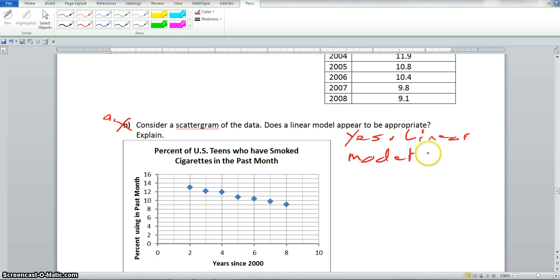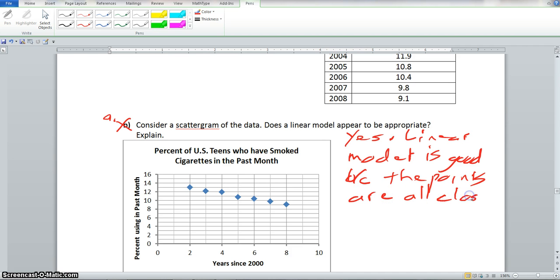The linear model is good because the points are all close to a line. Okay, now that is your A. It'll be yes, the linear model is good because the points are all close to a line.